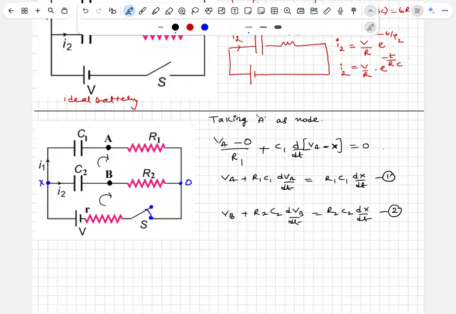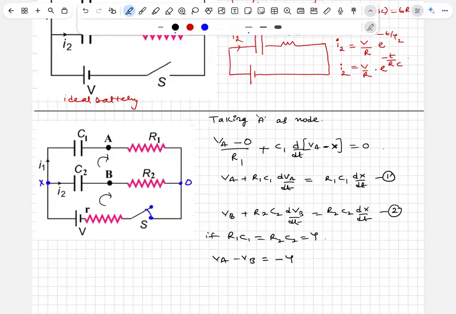No issues. So what if R1 C1 is equal to R2 C2 is some tau, say for example, only then I see comfort in that. Then what happens? In that case, VA minus VB is minus tau times, RHS is same, so I am equating LHS.